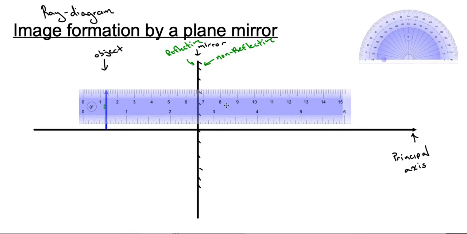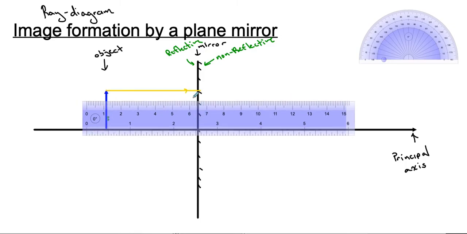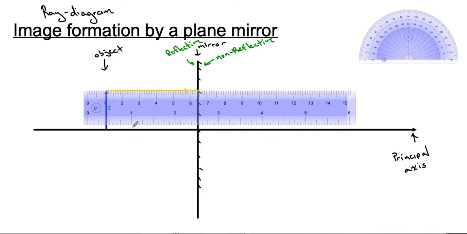The first one we want to do is a ray that is parallel to our principal axis. So our ray is going to come off, we can go with yellow, and hit the mirror. It's going to travel in that direction. Then we have to ask ourselves, what's the reflected ray going to do?